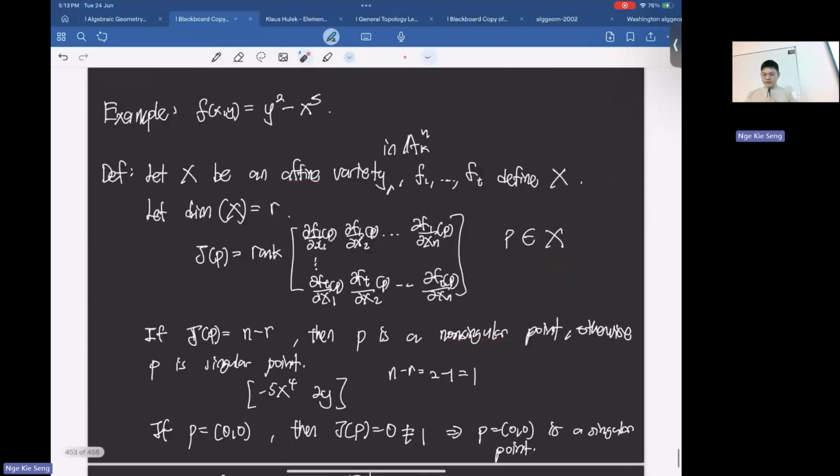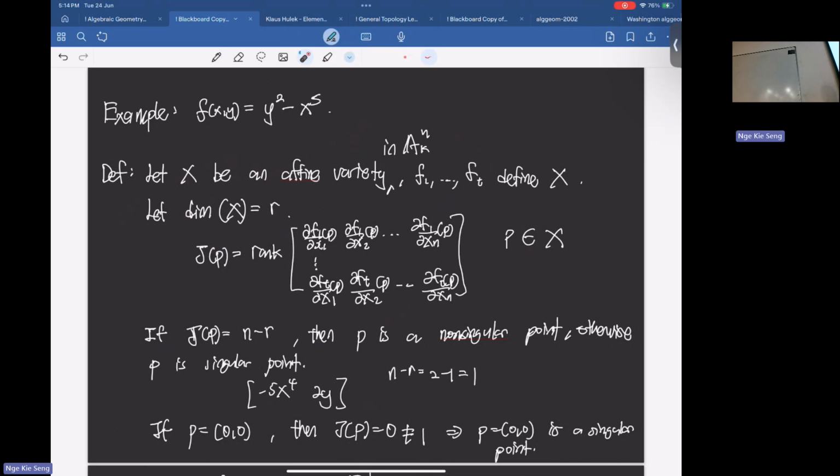Another thing about this definition here: it is a bit different from what we introduced, because this definition relies on you needing to know the dimension of your variety first. Only then can you find your smooth point. But last time it was more general. We defined the dimension of X as the minimum dimension of the tangent space over all points.